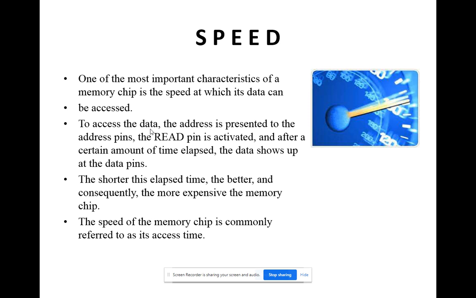These are the two processes involved in the memory device. The shorter this elapsed time, the better, and consequently the more expensive the memory chip. So based on your speed, the chip cost will be higher. The speed of the memory chip is commonly referred to as its access time. So speed is determined by the access time parameter.